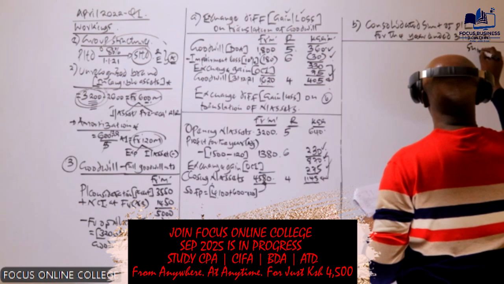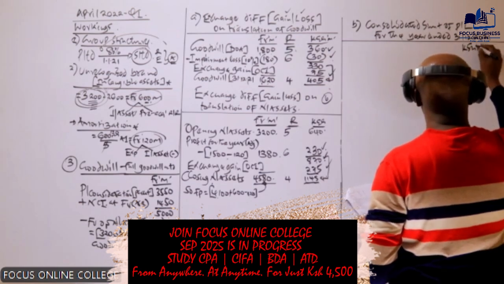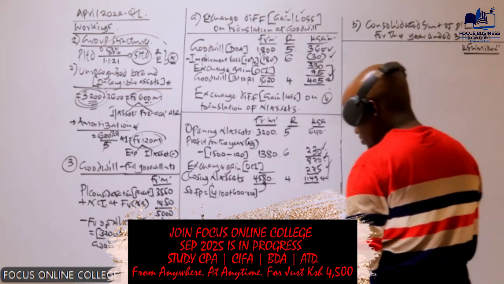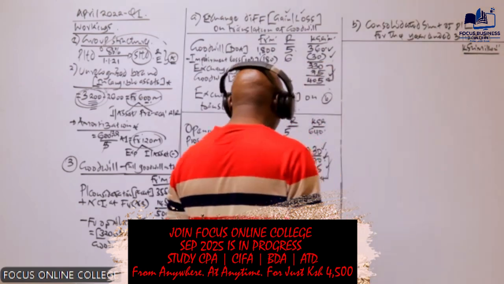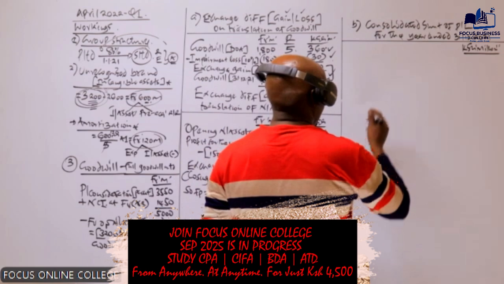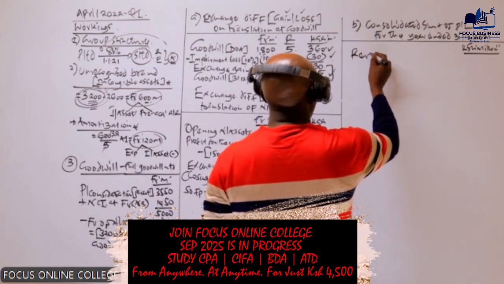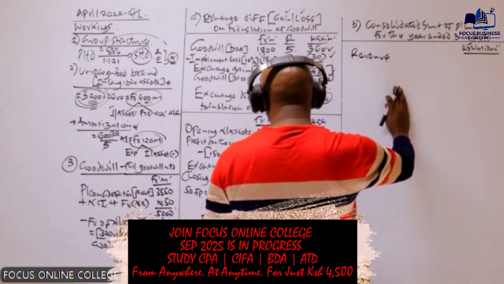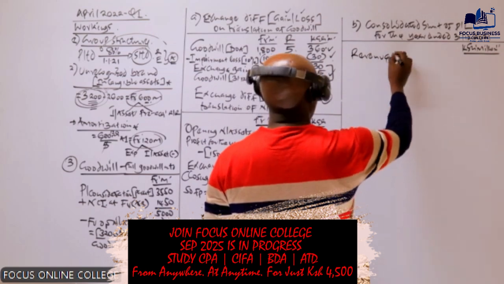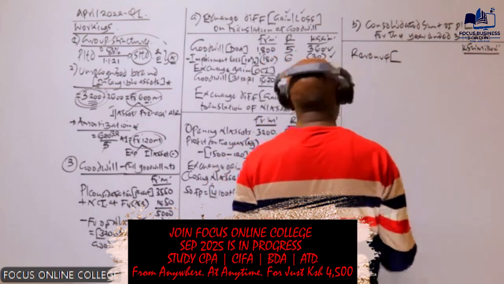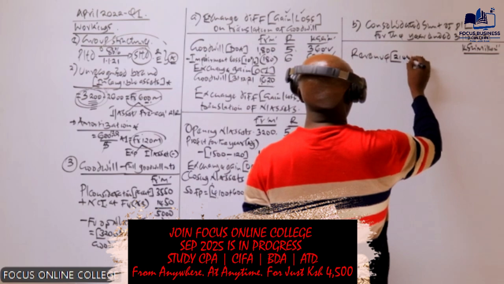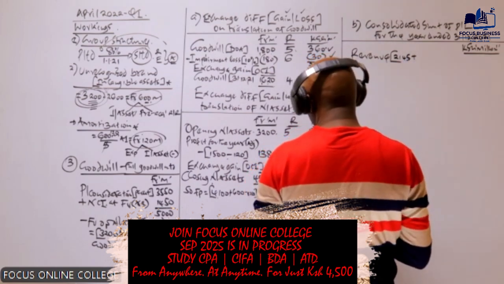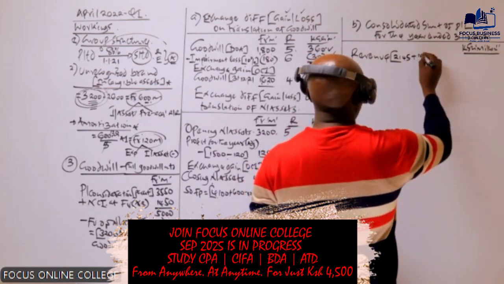So this would be in Kenyan shillings, and our figures are in millions of shillings. We go back to the statement of profit or loss for individual companies, which is given below paragraph 2 of our question. We take the revenue of the parent, which is 2145, plus the revenue of the subsidiary, which is 10,500.